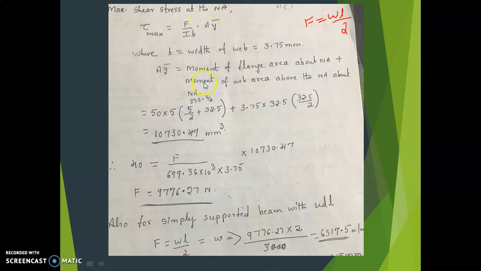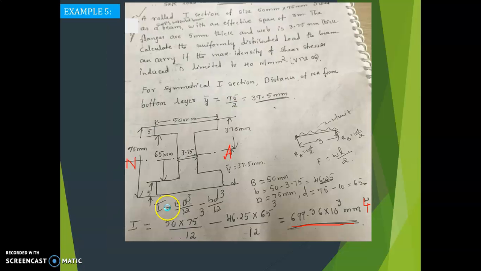See this definition properly. You have to remember always this. A y bar is the moment of flange area about neutral axis plus moment of web area above the neutral axis. This is the neutral axis position, so you have to consider this portion.